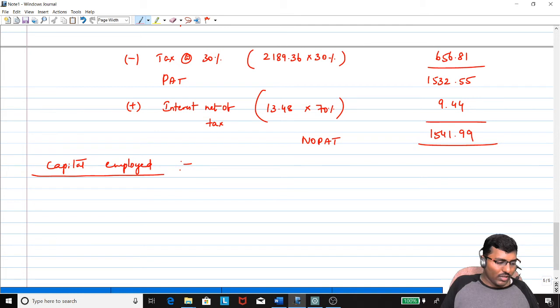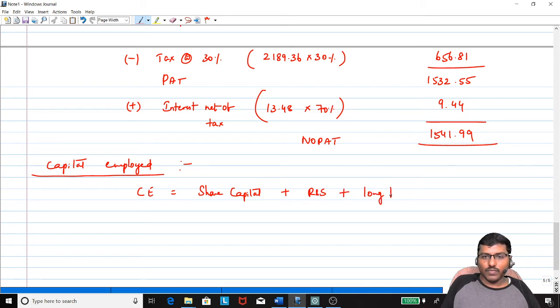Share capital, reserves and surplus, long-term debt, correct? So capital employed is equal to share capital plus reserves and surplus plus long-term debt.